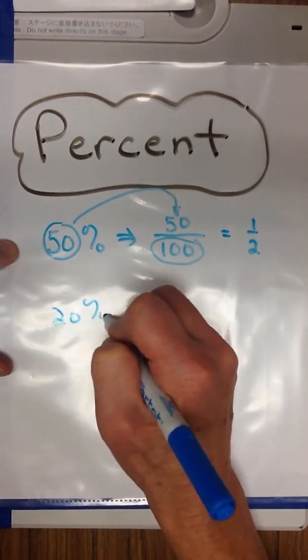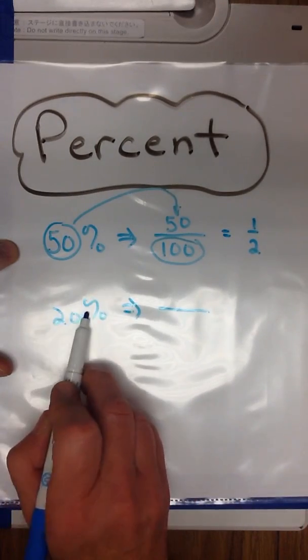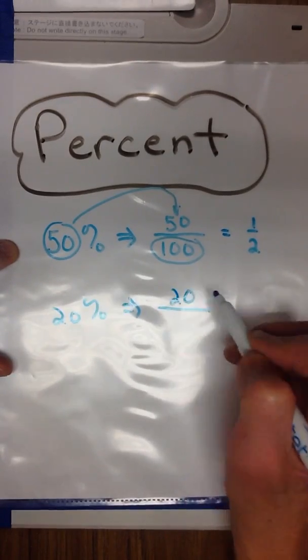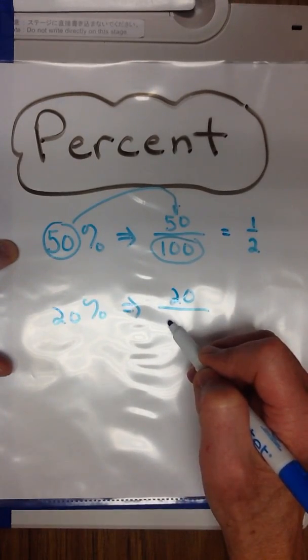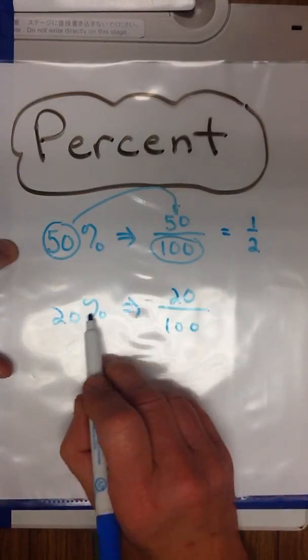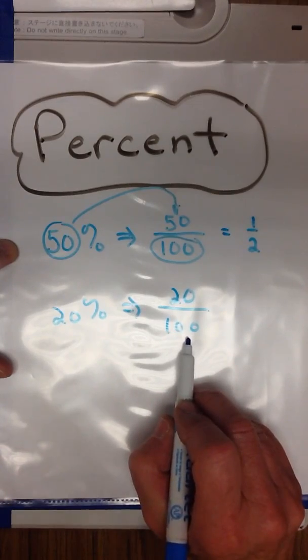So what's 20%? Well, what's sitting in front of the percent sign? A 20. That's the numerator. What did we put on the bottom of the fraction? Always 100. So 20% is the fraction 20 over 100.